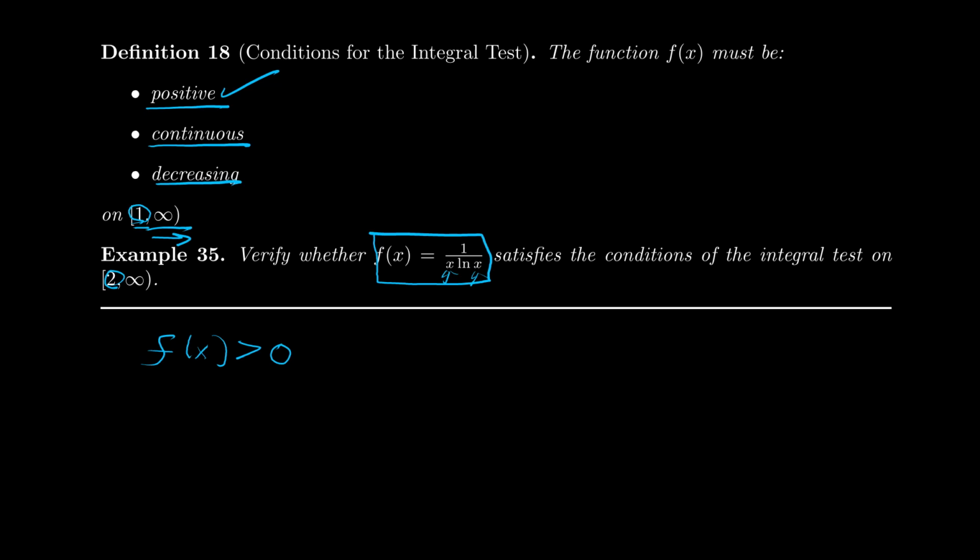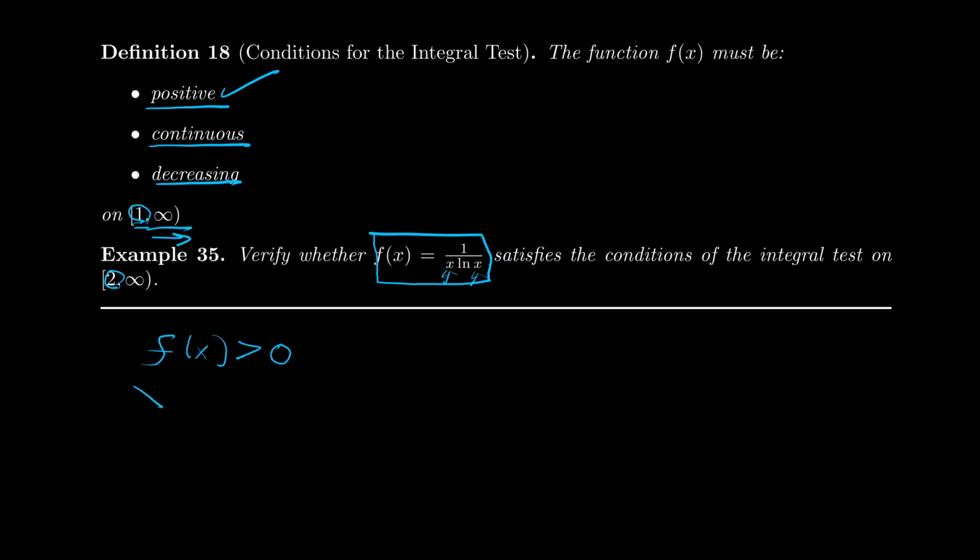Okay. We also know that it is continuous. X natural log of x is not 0 anywhere on here. The only way that this function can be discontinuous is if the denominator is ever 0.